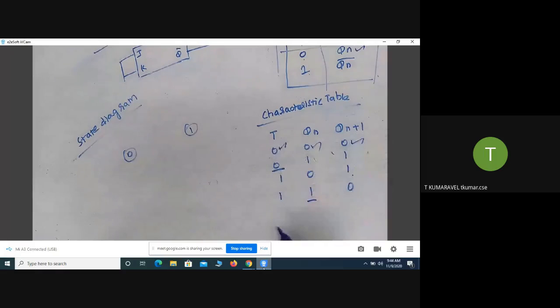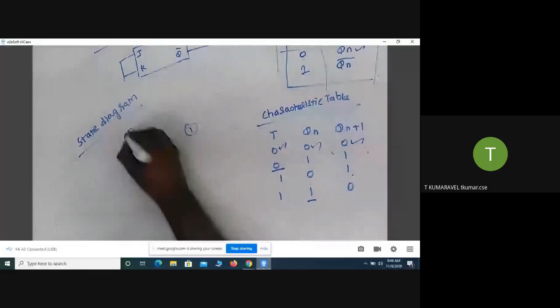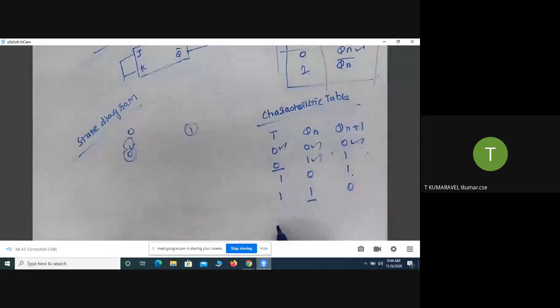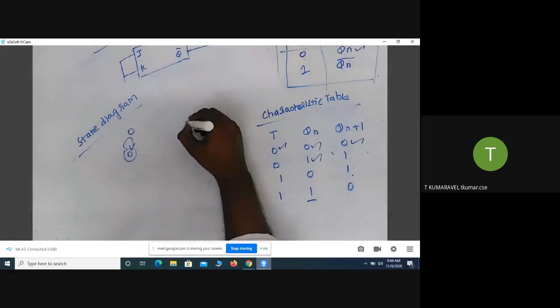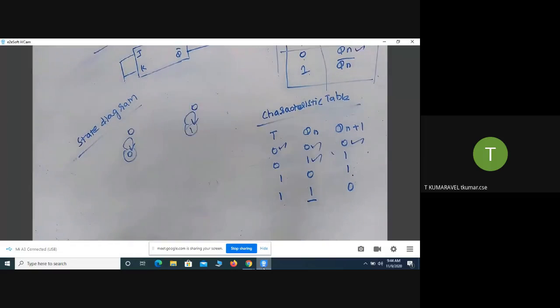So I am in the first state and I consume the input 0. What happens? I stay in that state itself. Now I am in the 0 state and I consume the input 1.